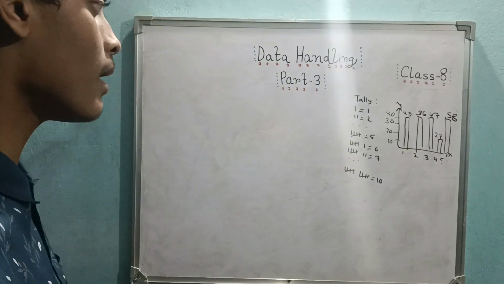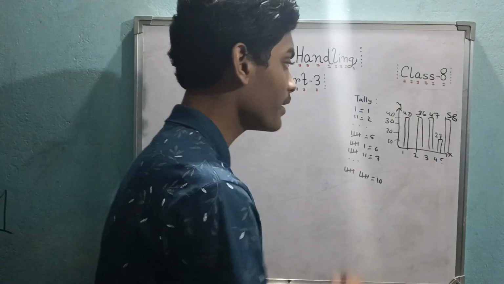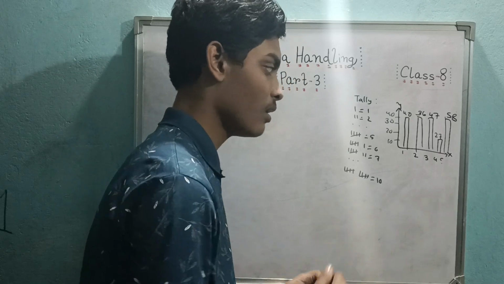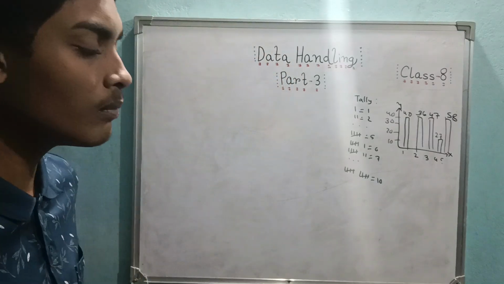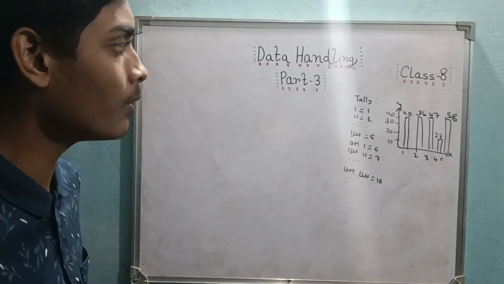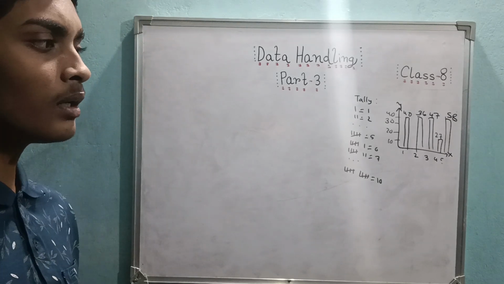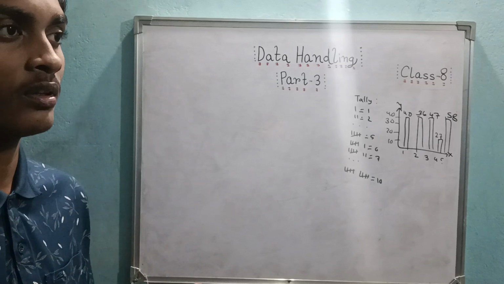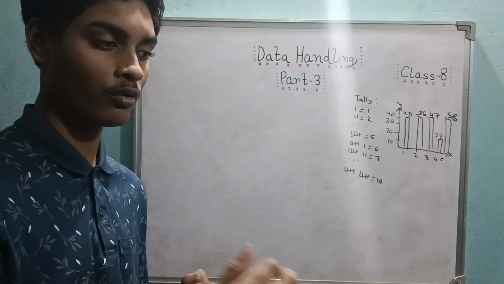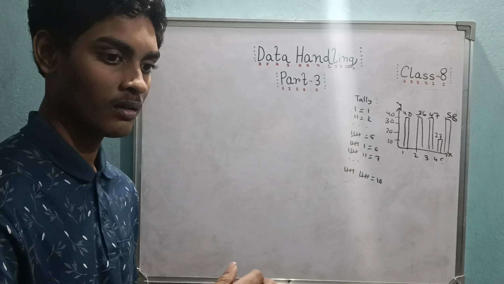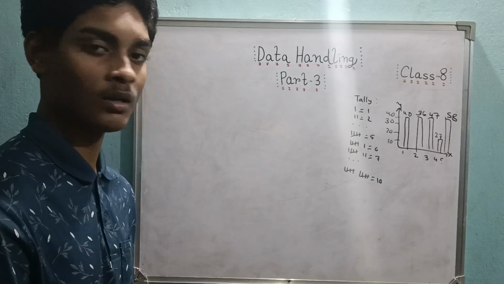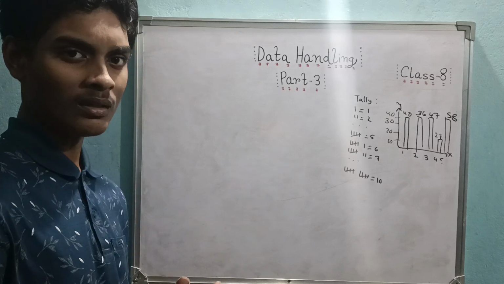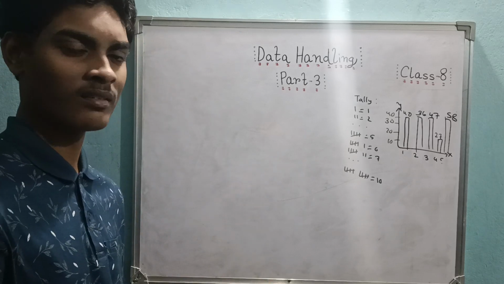And we also learned double bar graph, where for one single data value we can have two cases. Suppose we learned that example, so I'm taking another example. In a competition of eating the most number of items, there are 5 items. Suppose cakes, burger, pizza, coffee, and chocolates.